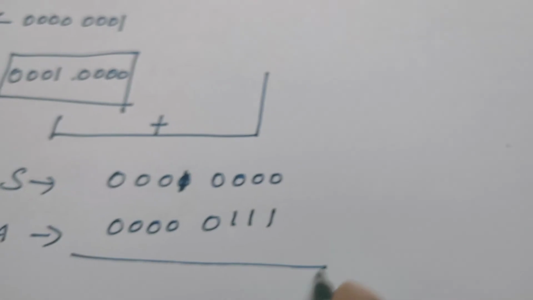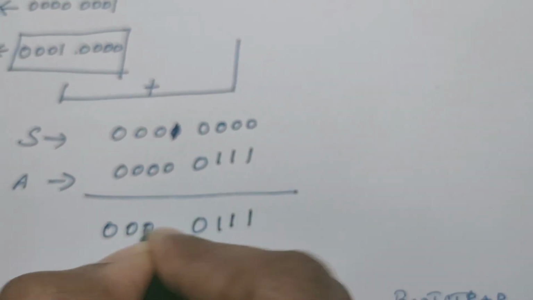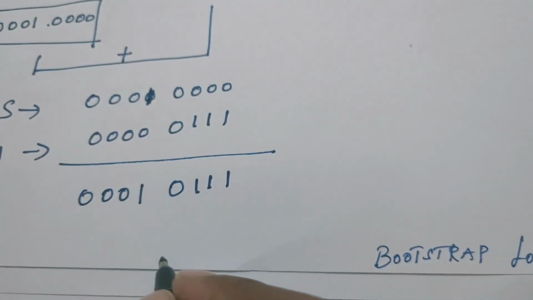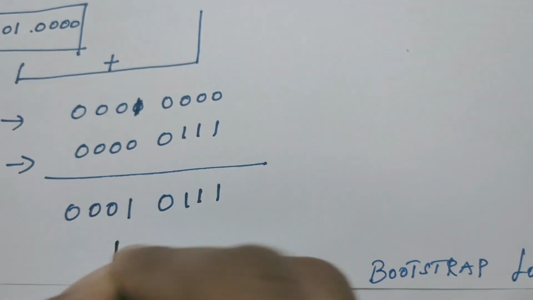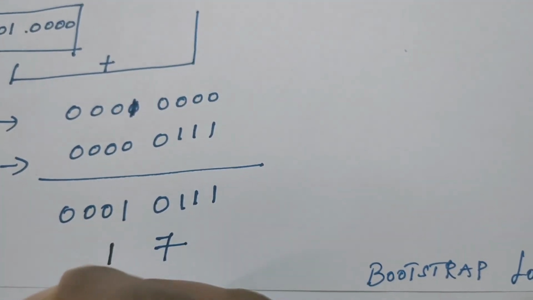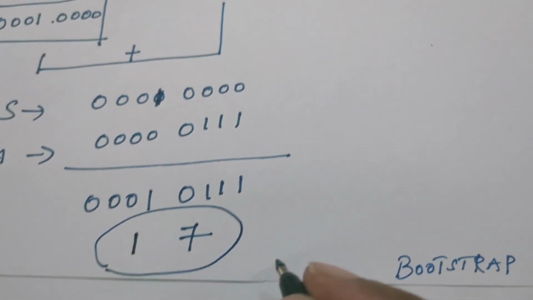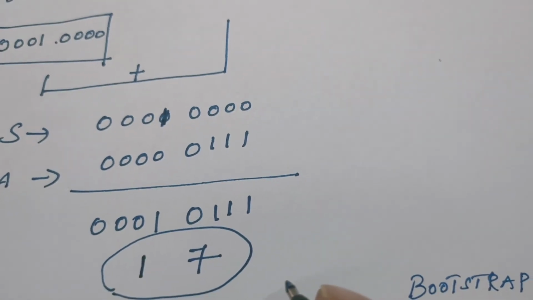If we add these two, the binary information we receive is 0001011. Now if you find the corresponding hexadecimal equivalent, this is equal to 1, this is equal to 7. This is how we are reducing the 2 bytes of memory space it is occupying into 1 byte of space.